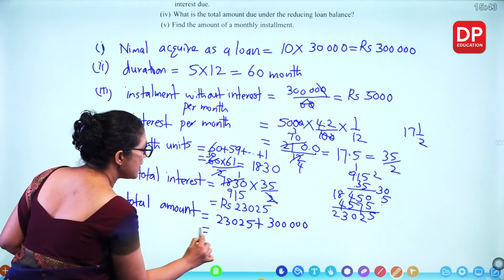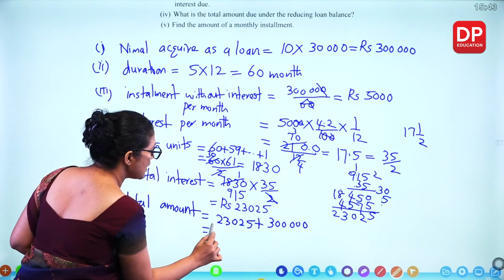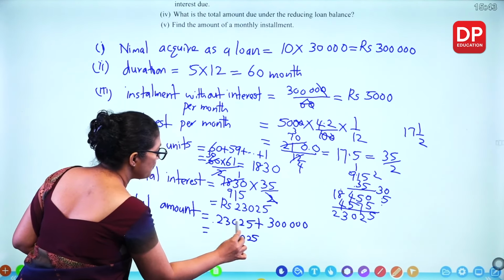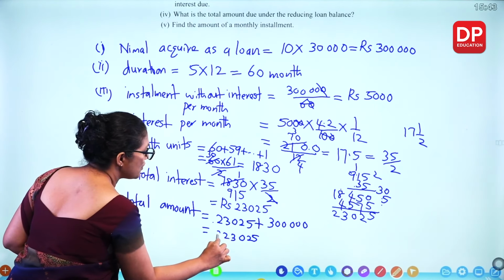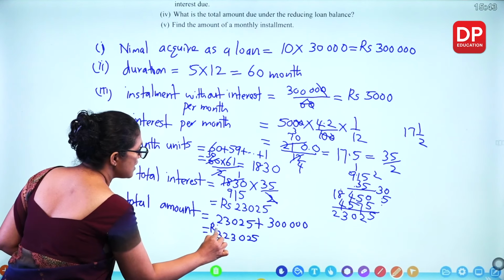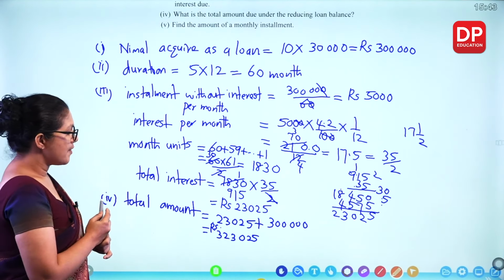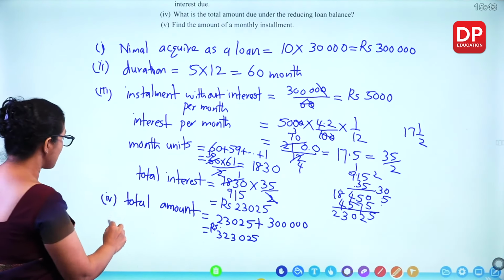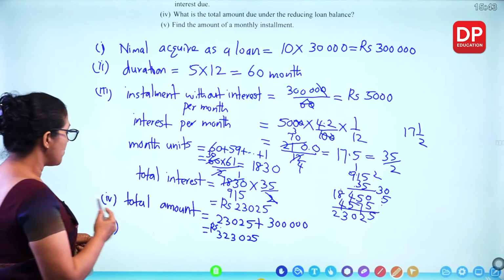So we can add together. 323,025. That's the total amount due. Then the last part, find the amount of a monthly installment.